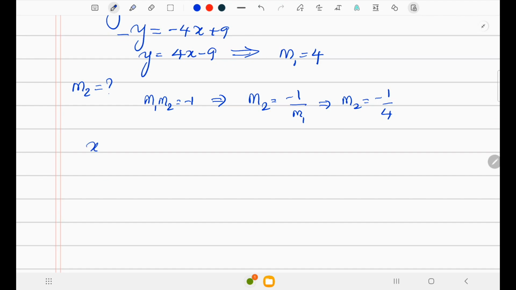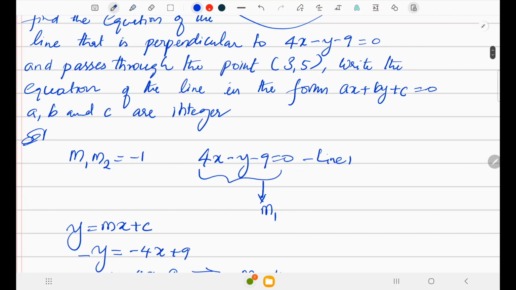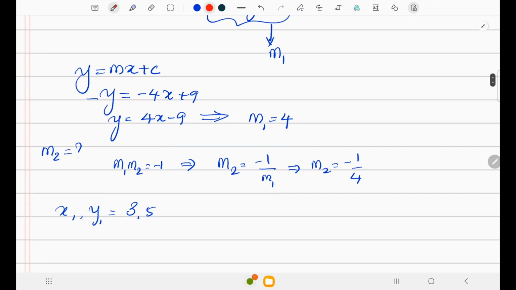Already we know that x1, y1 equals 3, 5. We need to find the line which is perpendicular to this line 4x minus y and passes through the point (3, 5). So this (3, 5) is the point where the second line passes through.